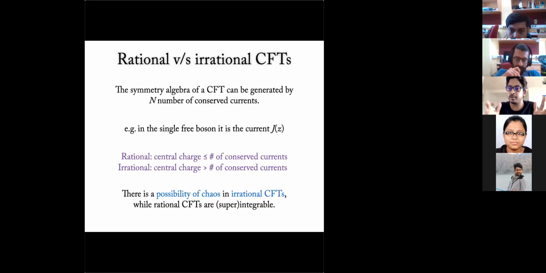If the number of conserved currents is more than the number of degrees of freedom, it's super integrable. If it's equal to the number of degrees of freedom, it's integrable. But if the central charge is larger than the number of conserved currents, it's not integrable anymore, by using our intuition from classical dynamics. So there is a possibility of chaos in irrational CFTs, but that's not possible in rational CFTs.